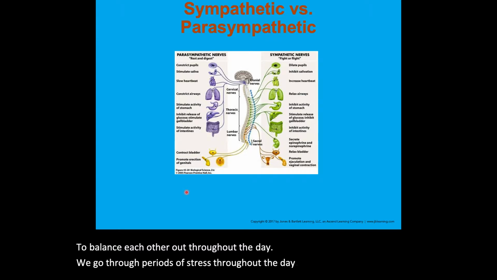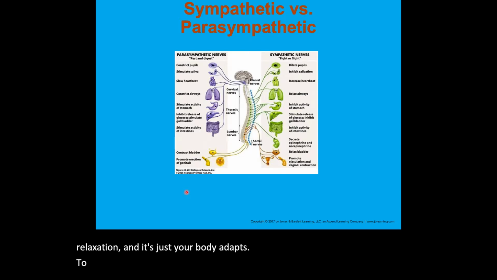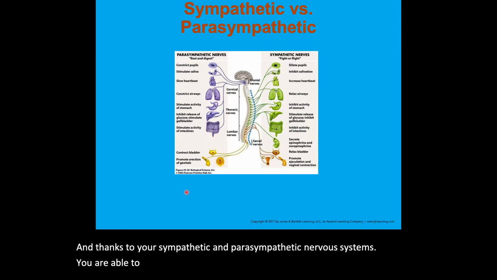We go through periods of relaxation, and it's just your body adapts to the ebbs and flows of a typical day. And thanks to your sympathetic and parasympathetic nervous systems, you are able to adapt to the changing environment of your day-to-day activities.